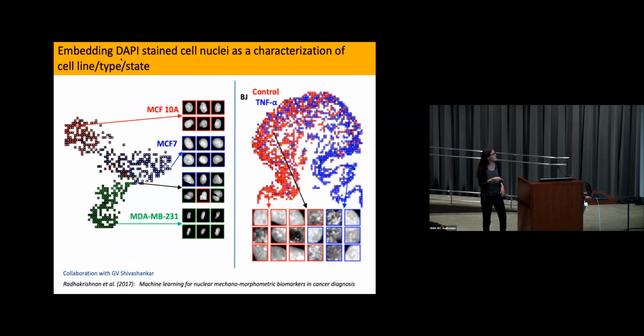Even just using DAPI, it's very easy to distinguish between different breast cancer cell lines. You can even go much further to differentiate not just different cell types, but even the same cell line with a little bit of a signal added or not added, so different cell states. You see here if we add TNF-alpha or not.